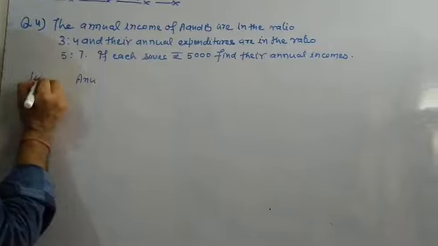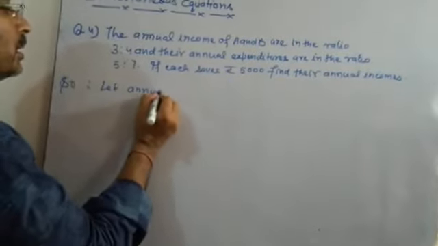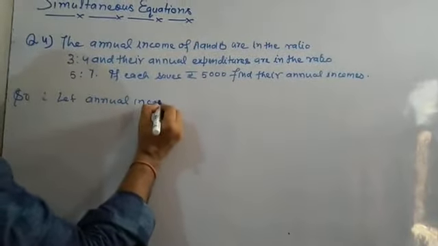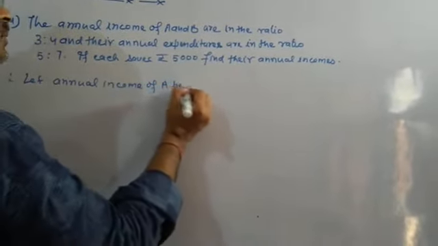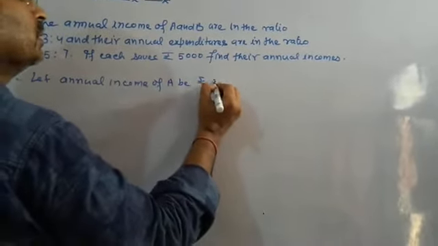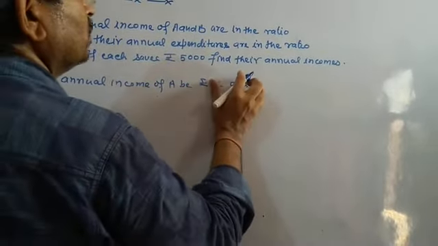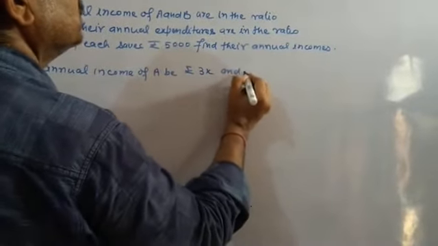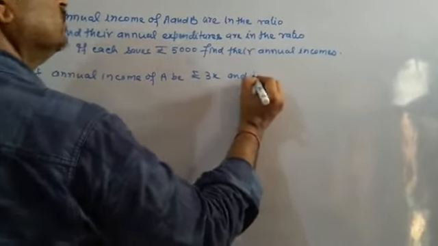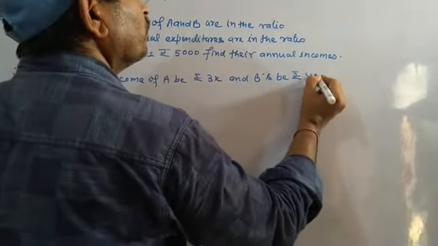Let the annual income of A be rupees 3x and B rupees 4x.